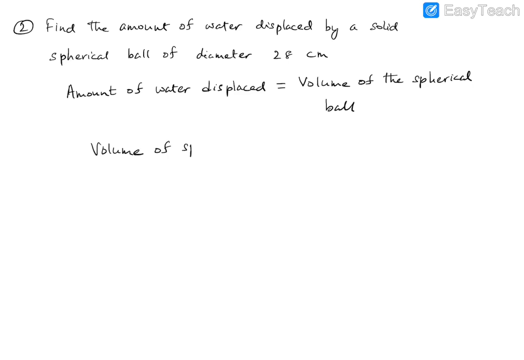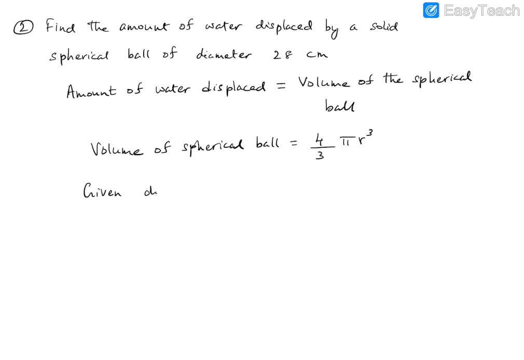Volume of spherical ball equals 4/3 pi r cube, for which we need to first have the value of r. We are given the diameter of the spherical ball, from which we can calculate the radius. Let's write down.